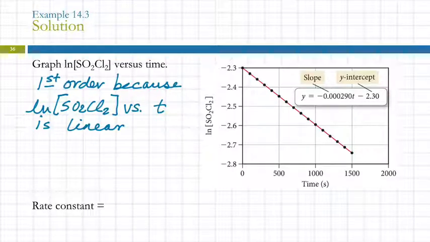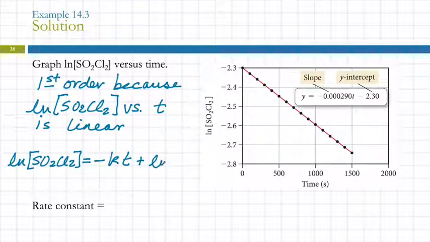The integrated rate law: y, the natural log of the concentration of that reactant, is equal to negative kt plus the natural log of the initial concentration. The slope is equal to negative k, right?